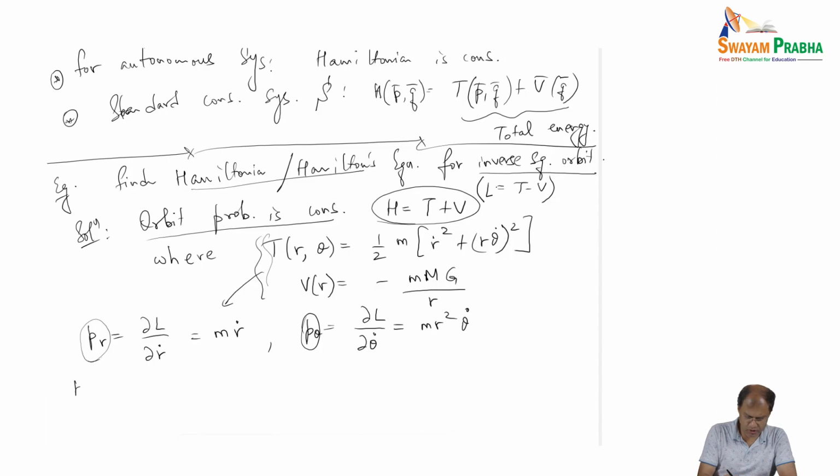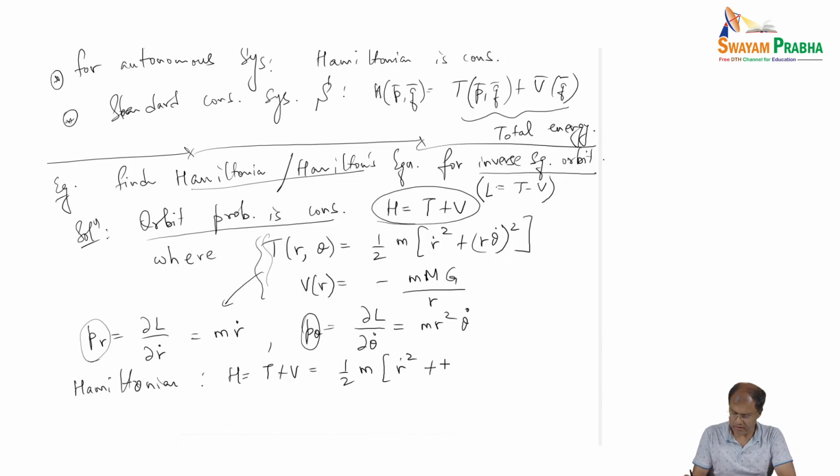So we have the Hamiltonian as H is equal to T plus V, which is given by half m times (r dot square plus r theta dot whole square) minus m capital M g by r.